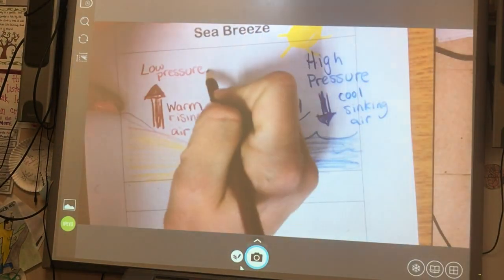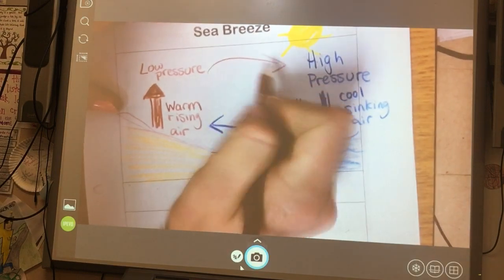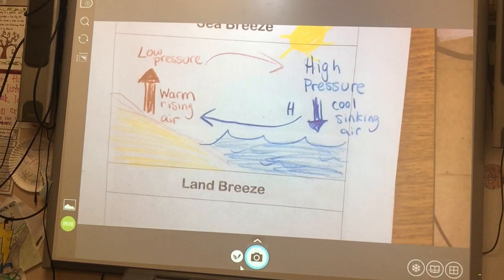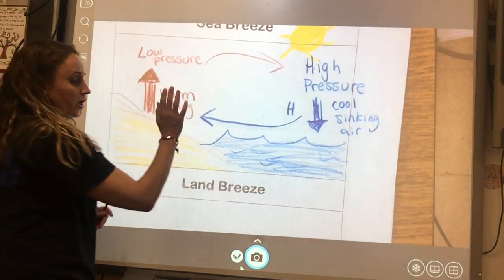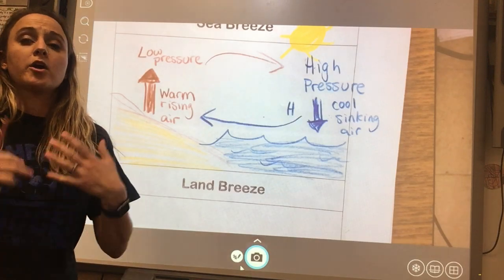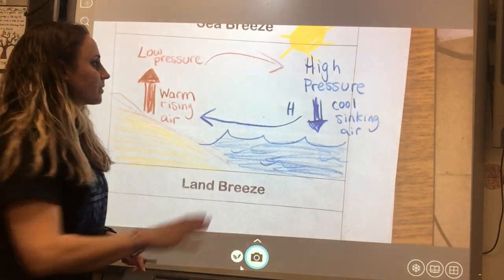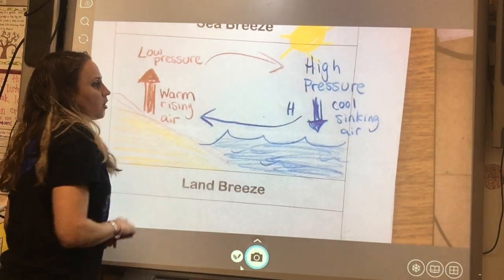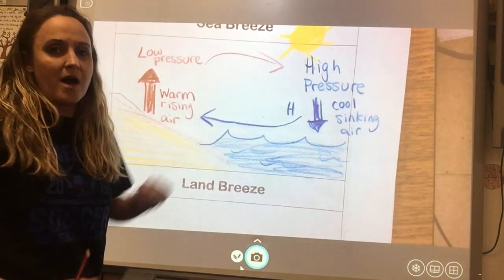Then that warm air moves out. Now we can't feel the top of the convection current because it's above where you and I would be able to feel it. What we feel is this cool sinking air that rushes in over towards the land from out at sea.